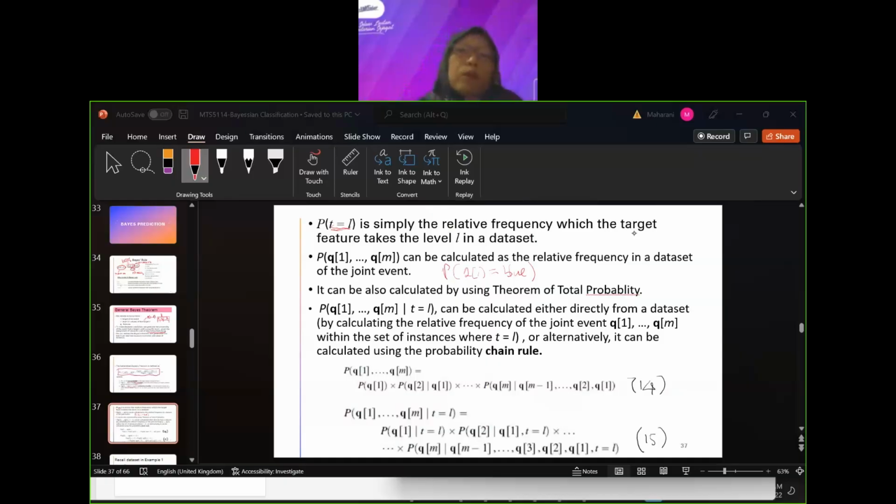That's how to calculate that. It can also be calculated by using the theorem of total probability.